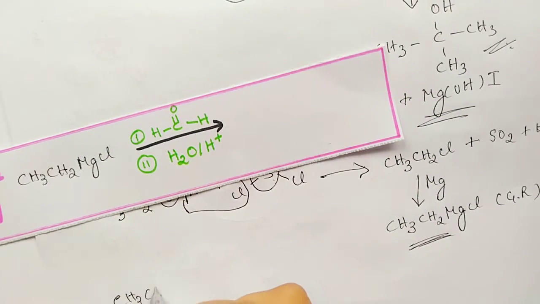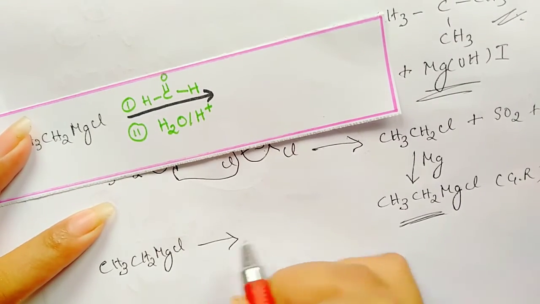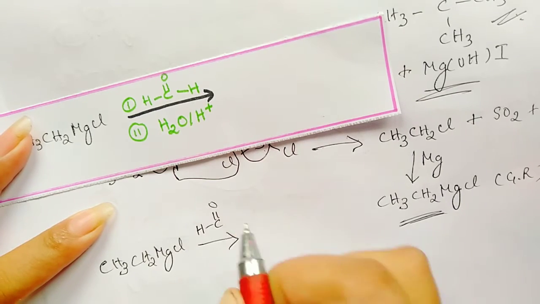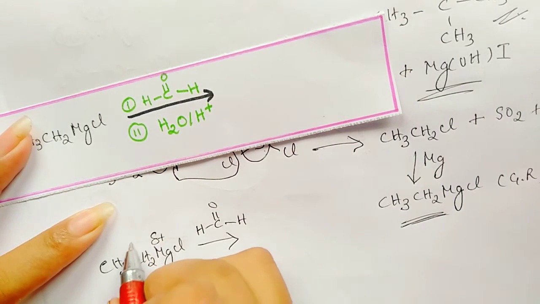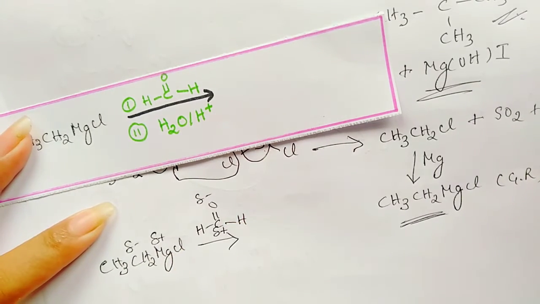Now next, this Grignard reagent first reacts with formic acid. This is partial positive, partial negative, partial positive, partial negative.